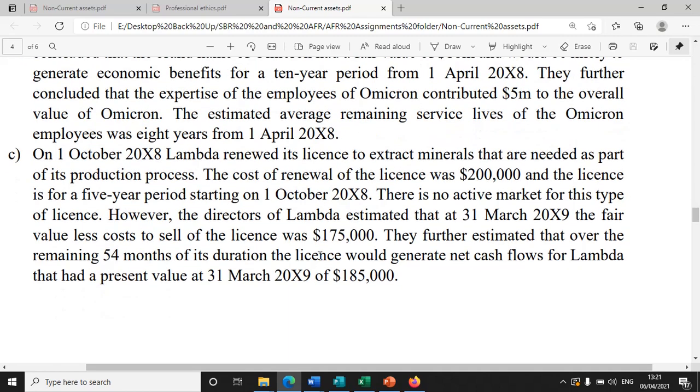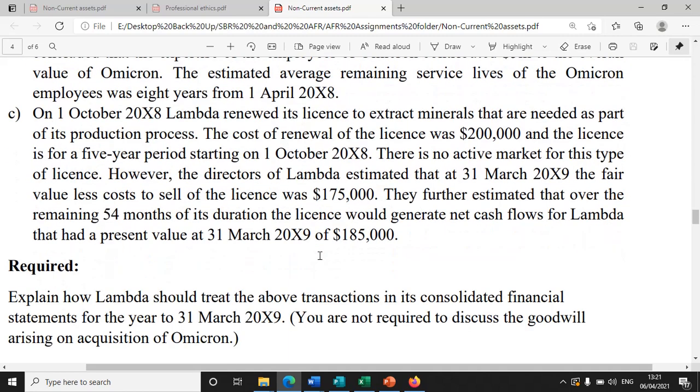Okay, so C now. C says on 1st October 20X8, Lambda renewed its license to extract minerals that are needed as part of its production process. Cost of renewal of the license is 200,000. Now 1st October is 6 months away from the reporting date. The license is for a 5-year period from 1st October 20X8. There is no active market for this type of license.